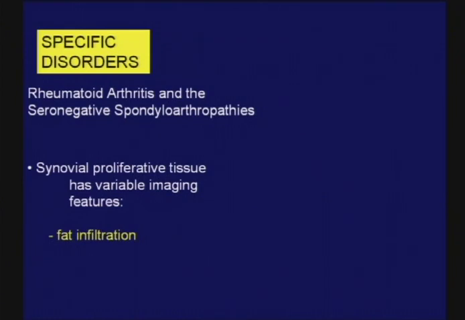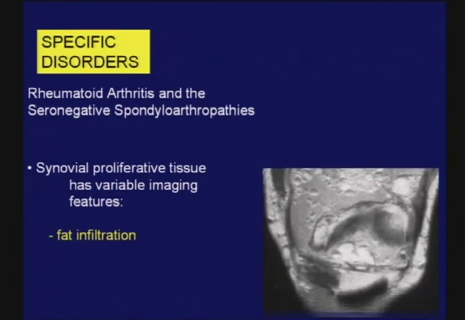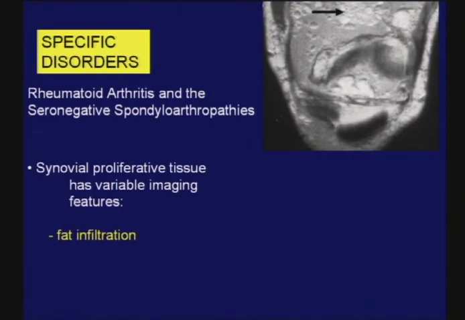The diseased synovial membrane in rheumatoid arthritis can take several different forms. Not well recognized, but certainly occurring in rheumatoid arthritis, as in osteoarthritis, is fatty infiltration of the synovial membrane. This is a secondary lipoma arborescens. It's not the primary variety.